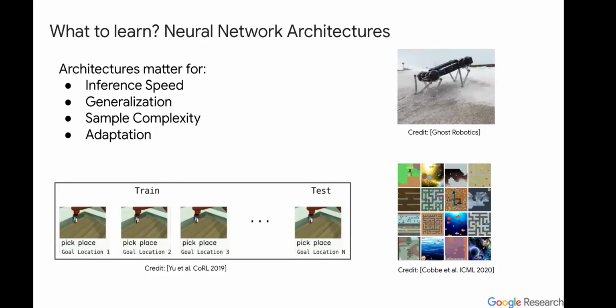If you train on images with an MLP, that's going to be way slower than training with a convolutional neural network. Another one is adaptation, where you might be able to find a better RNN for doing meta learning. This is on the Meta-World benchmark, where you're supposed to adapt to new tasks.